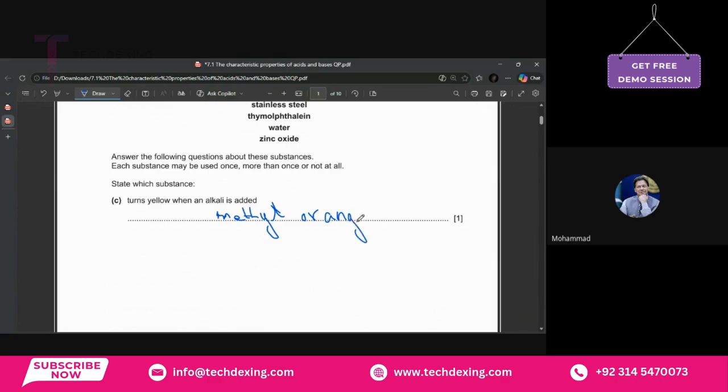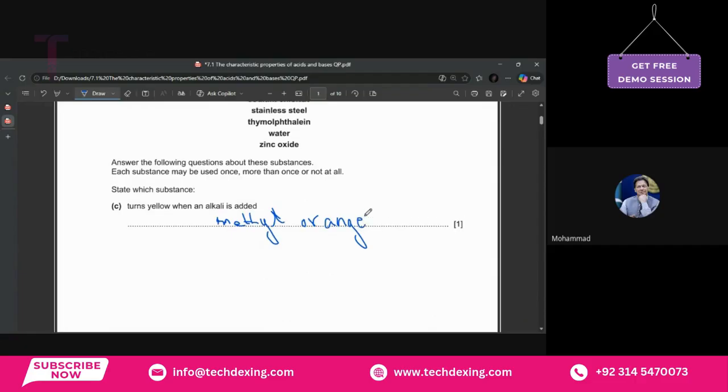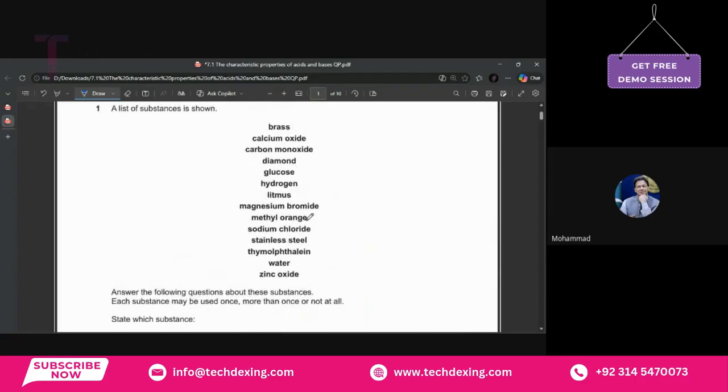Blue in alkali and colorless in acid. Very good. And we are given calcium oxide and zinc oxide, the basic and amphoteric oxides. These are not indicators, so these cannot be the options.